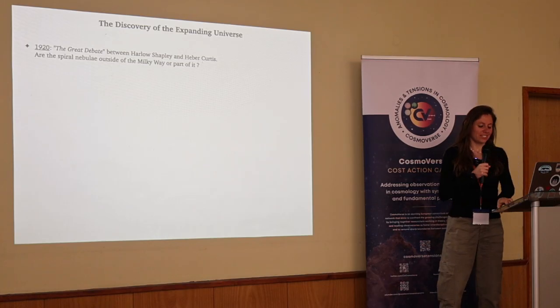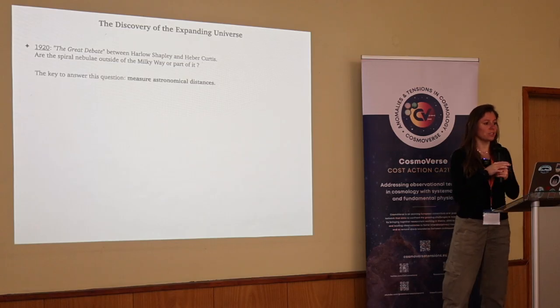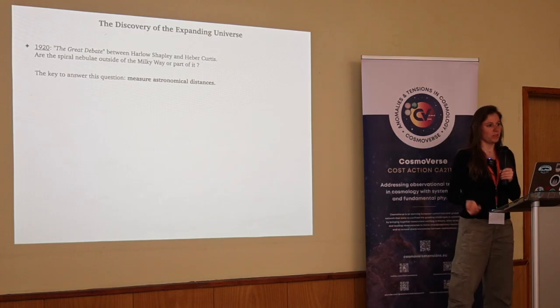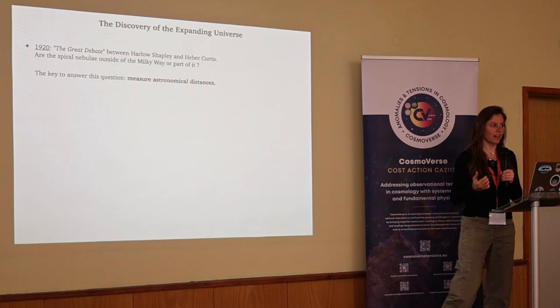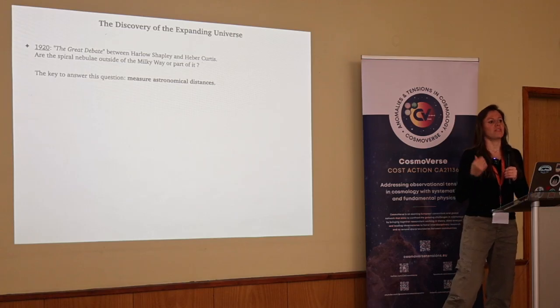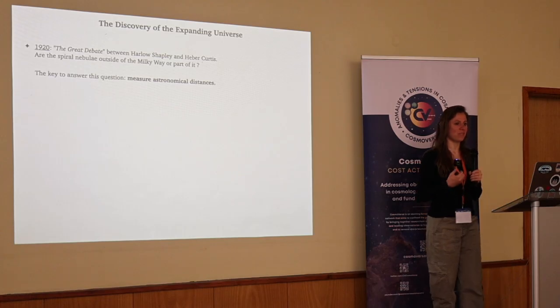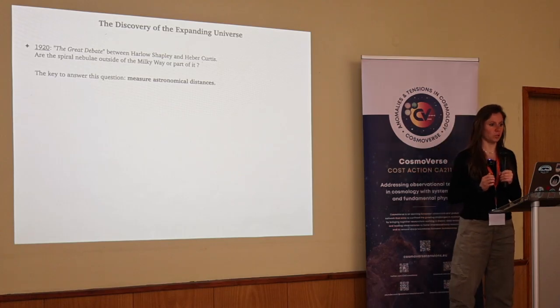The key to answer this question, of course, was to measure distances. The best way to understand where we are and what the objects in the sky are is to measure how far they are. During this week, you're going to hear a lot about how we measure distances and why this is so important.